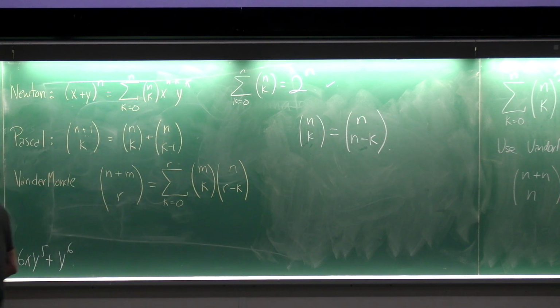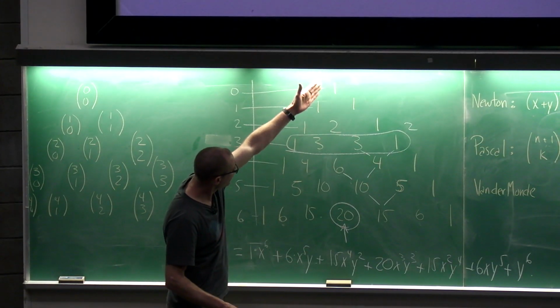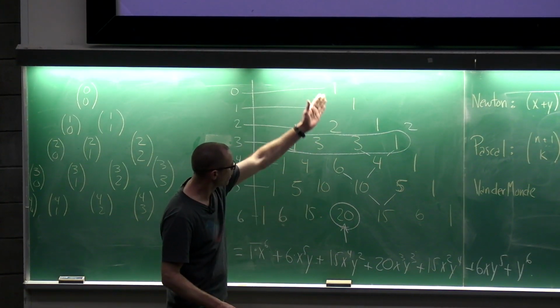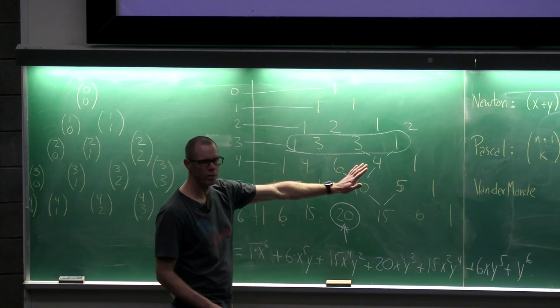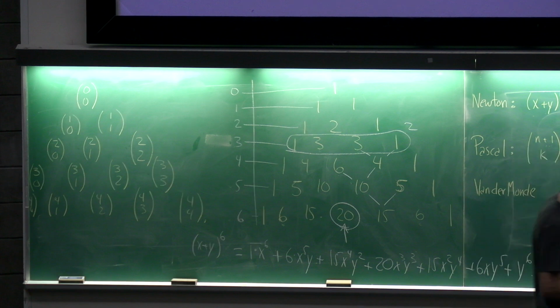And that shows up as a symmetry in this triangle. Right? In the middle, there's the central row that everything appears only once, but it's mirrored on either side of that. So that says that this thing, n choose n minus k, is the same thing as n choose k.